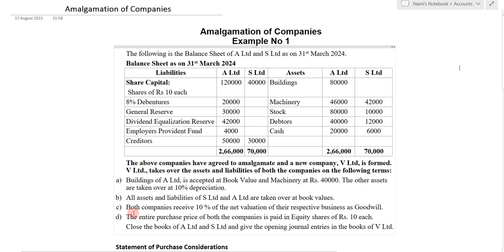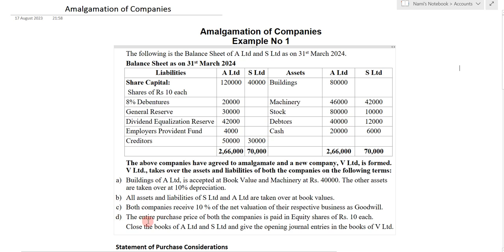Next, point C: both the companies receive 10% of the net valuation of their respective business as goodwill. Whatever the net valuation is, on that amount they receive 10% as goodwill.